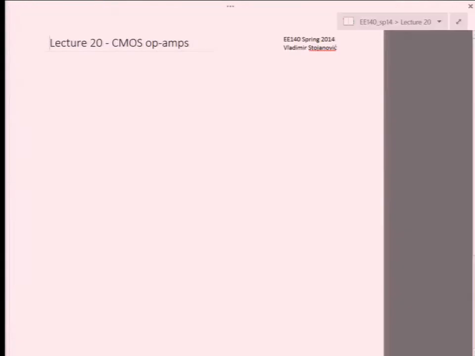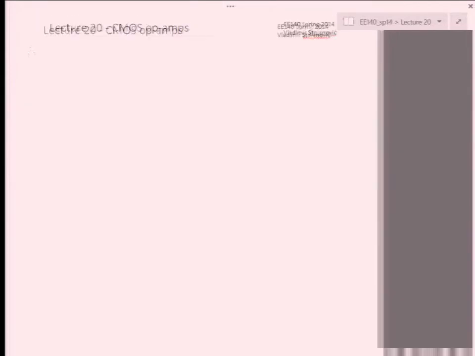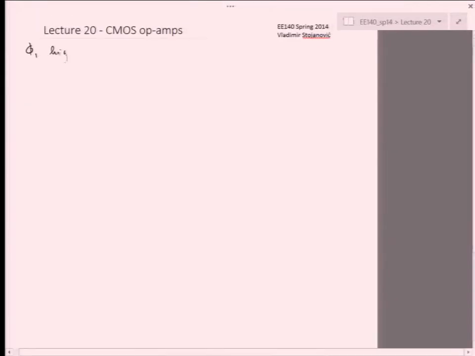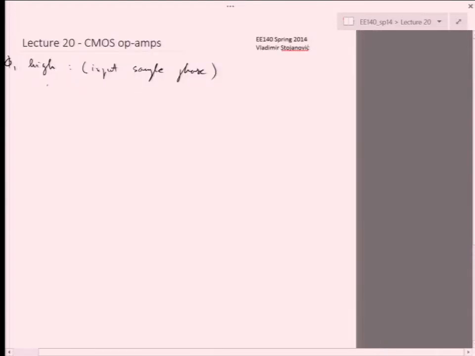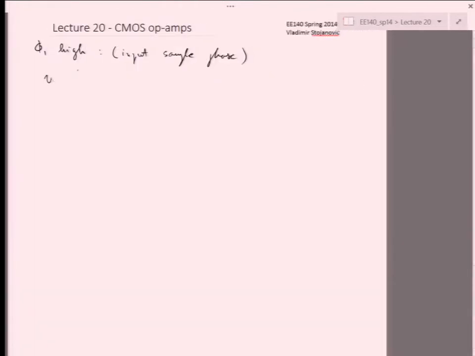So if we take a look at the phase where Phi1 is high, we'll call that the input sample phase. And the reason is I can redraw the circuit in that phase to be VI goes through a closed switch to CS.